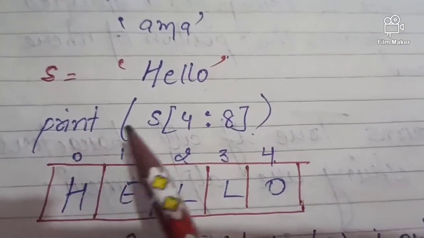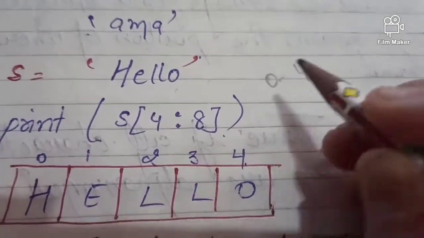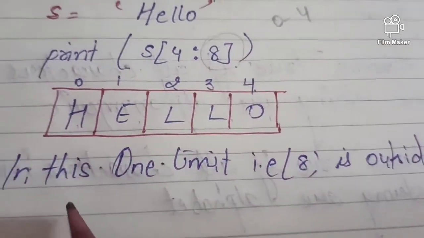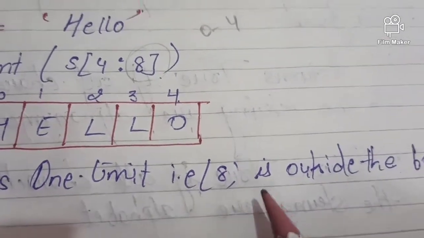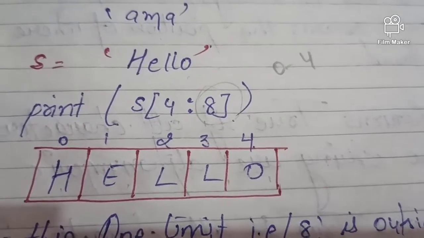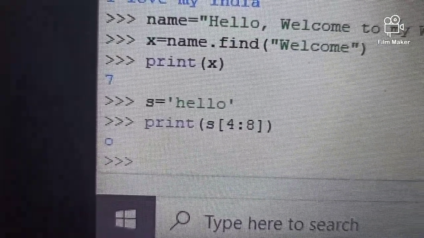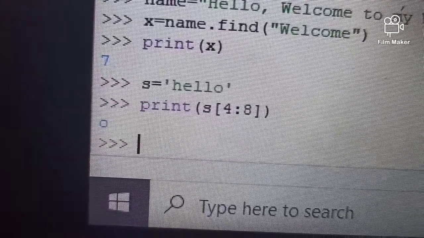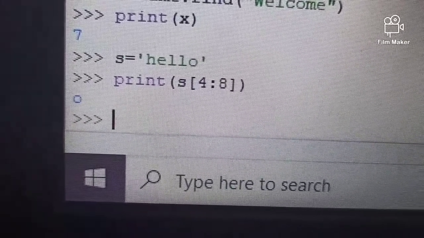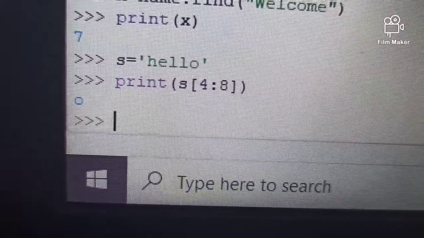Now after that I have given the command print s[4:8]. Although the range of our string indexes is 0 to 4, the first value is okay, but the last value is out of bound. The limit, that is 8, is outside the bound, so let's check practically on the machine. Here I have typed s equals to hello, then print s[4:8], and it returns the value 0, because the limit 8 is outside the bound. So make sure whatever limit you define should be valid. Clear, children?